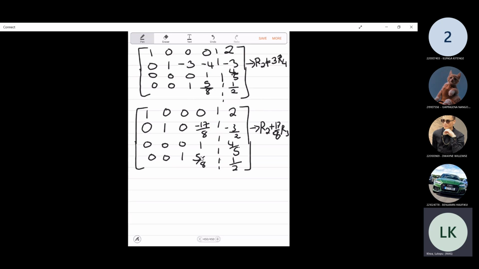And to make a 0 here, we just say row 4 minus 5/8 times row 3.